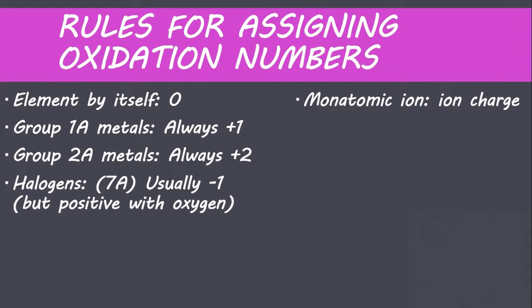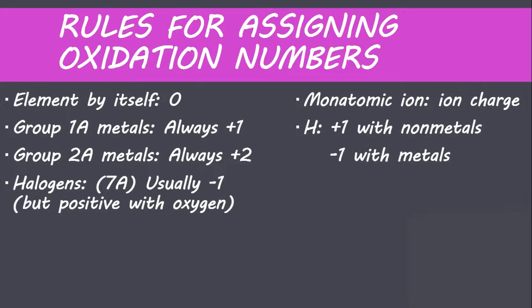Monatomic ions are what their charge is. So if we have Na+, then the charge on that would tell me the oxidation number. If we have a hydrogen, it's usually a +1 when it's with a nonmetal. However, when it's with a metal, it tends to be -1.